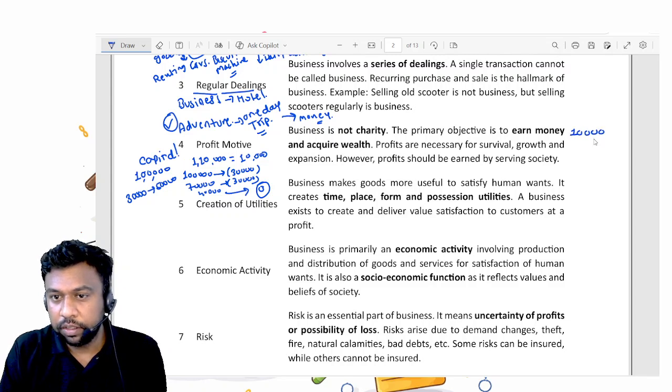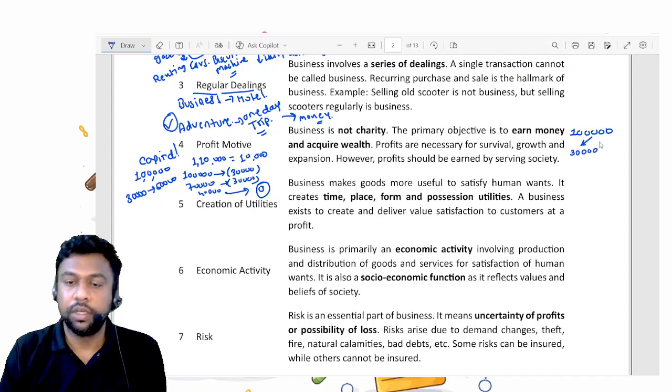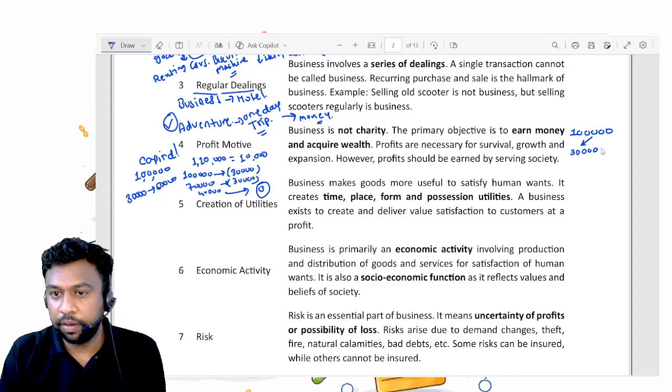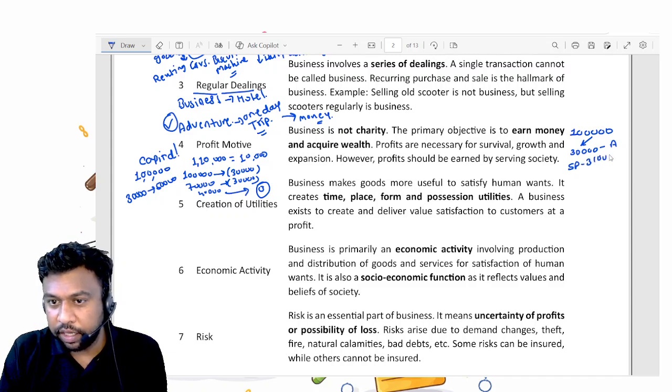1 lakh rupees. Out of this you have spent 30,000 to buy a product, which is product A. Now you have to sell this product A. Your selling price should be more than 30,000, let us say 31,000.